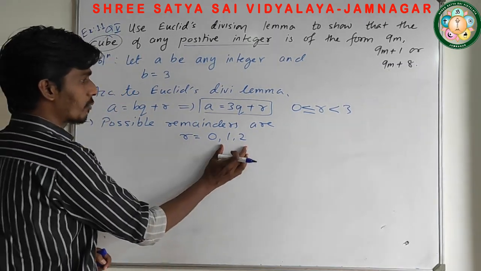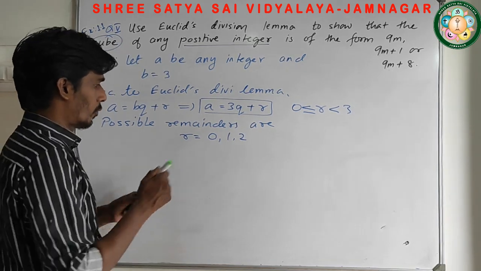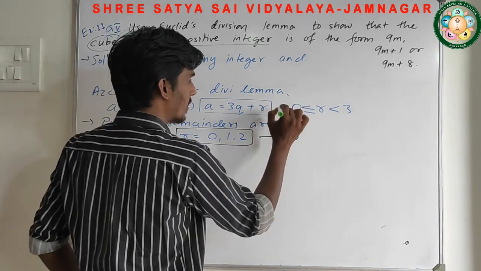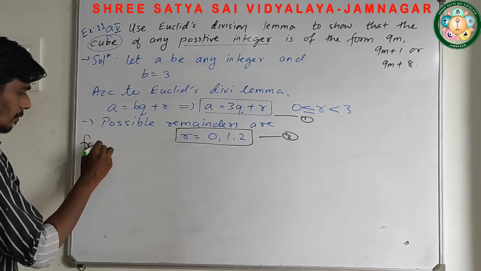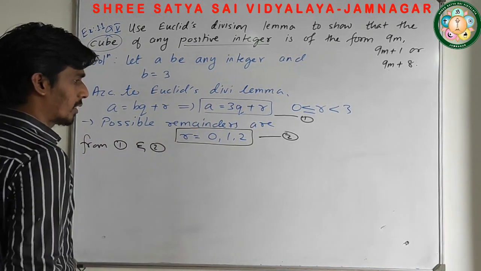Now I have to replace this value in this equation. We can take this equation as 2 and this as 1. From 1 and 2, let's start with the first one.